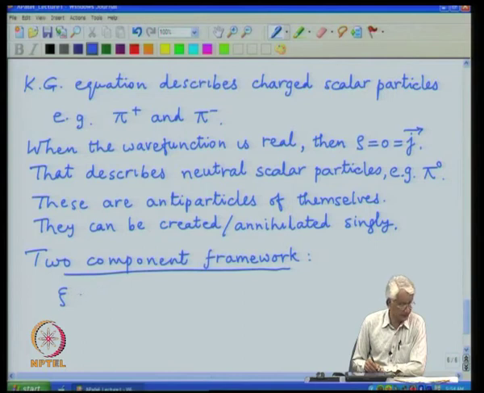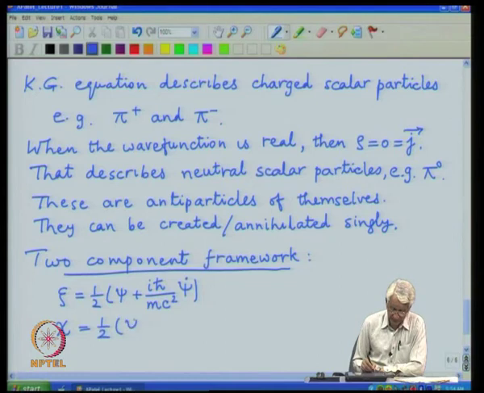So, I define now the quantities. One of them is zeta, and it is a combination of psi and psi dot with a particular sign, and another quantity chi, which is a combination with the opposite sign.